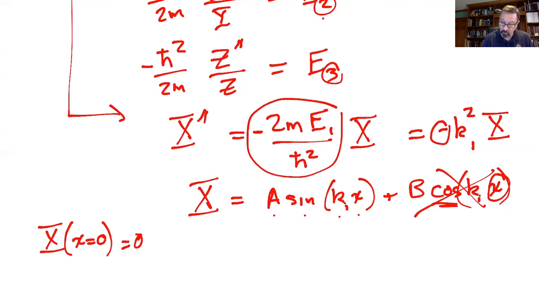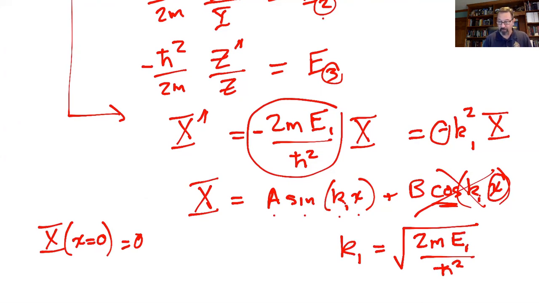And now let's make sure we know what k1 means. k1 here would be the square root of 2m times that separation energy, E1, that we had right there, over h bar squared. And we've worked with that enough times that h bar squared is under the radical. I notice a lot of you like to take the square root of it and only have the square root sign over the numerator.